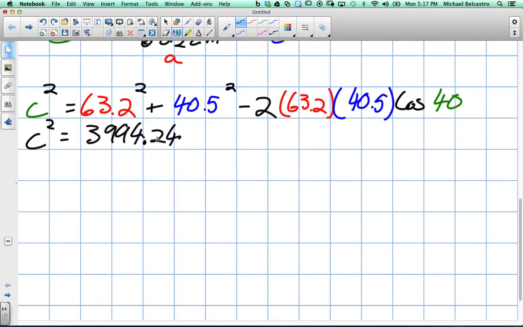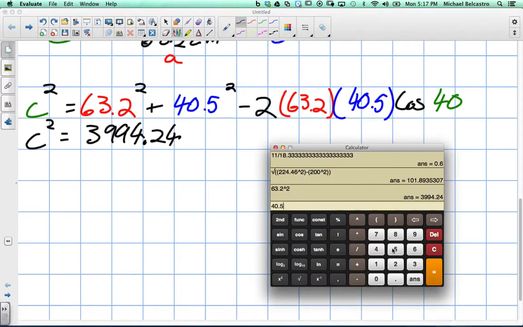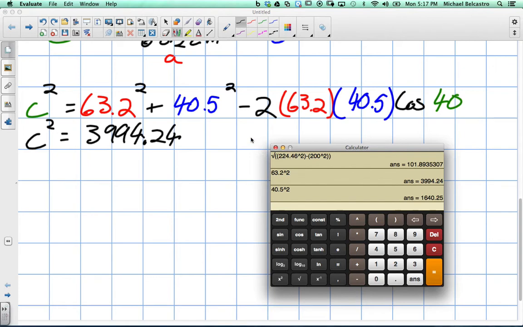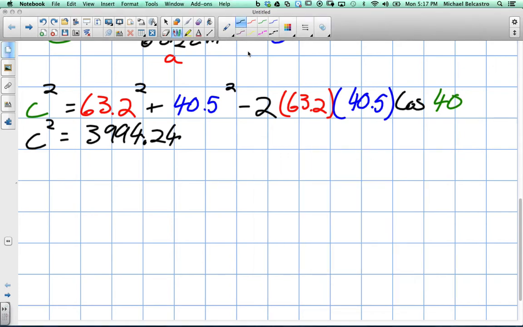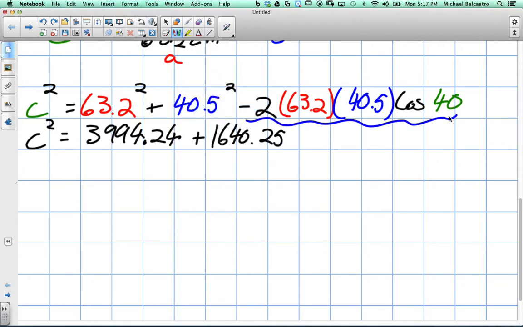Okay, the next thing we have to find is 40.5 squared, 1640.25, so plus 1640.25. Okay, and all of this here is one operation.